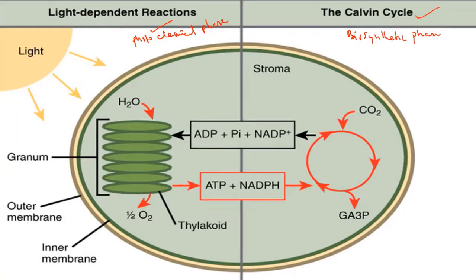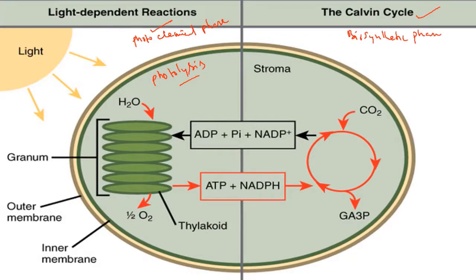In the light dependent reaction, we can observe again two stages. The number one stage is photolysis. Water molecule is broken down into oxygen and hydrogen by absorbing the light energy.